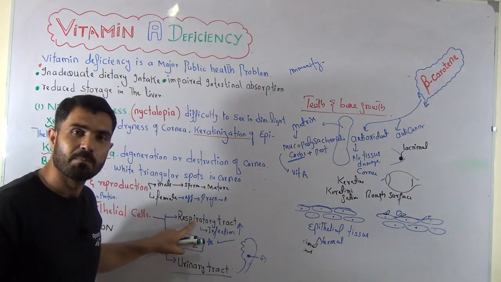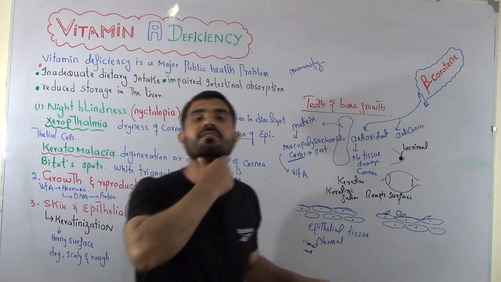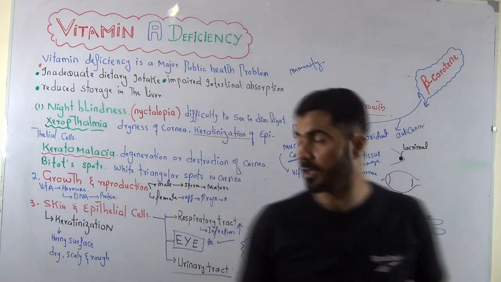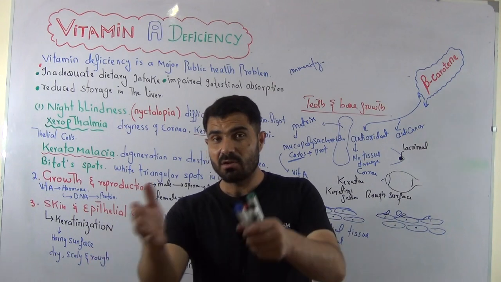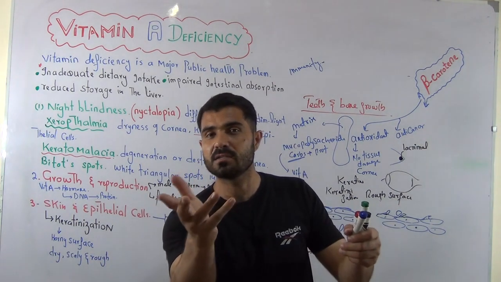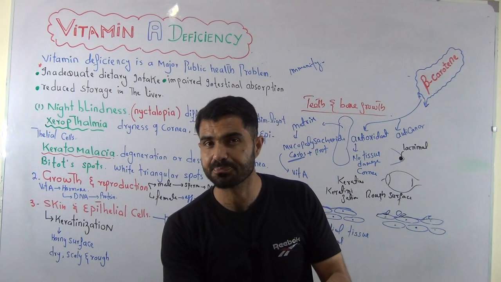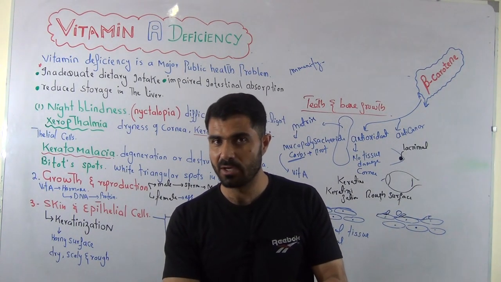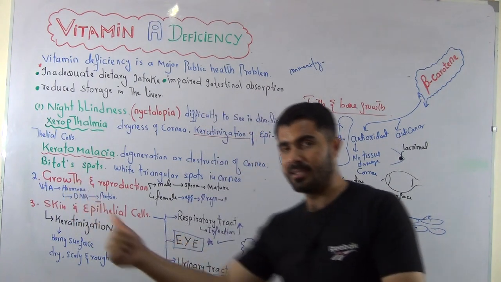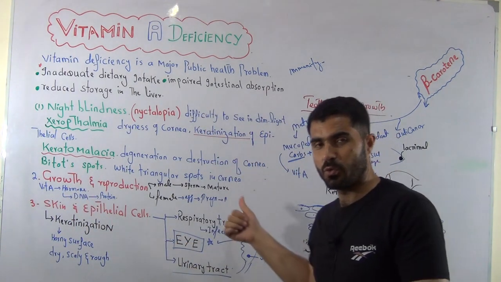If it is keratinized in the respiratory tract, infection will be there. And last thing was there, vitamin A is also involved in the synthesis of mucopolysaccharide, which are responsible for the healthy growth of the bone. So no vitamin A, these deficiencies will be there.